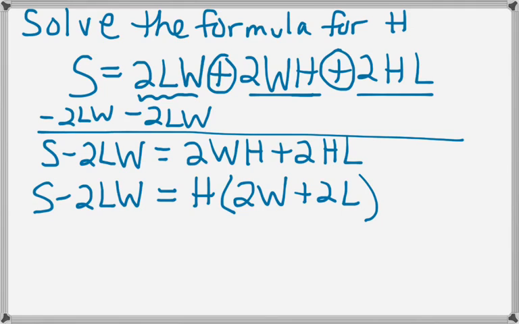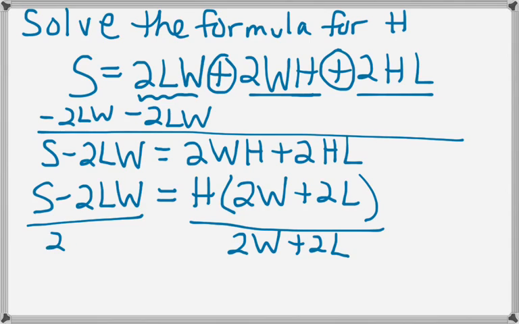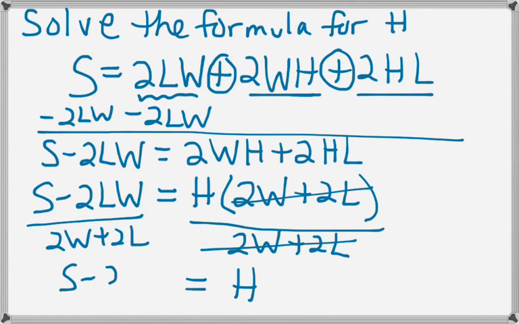And now it says H times something. It's H times everything in parentheses. So to undo that multiplication, we can divide both sides by what's in the parentheses. And we're just left with H. So H equals S minus 2LW over 2W plus 2L.